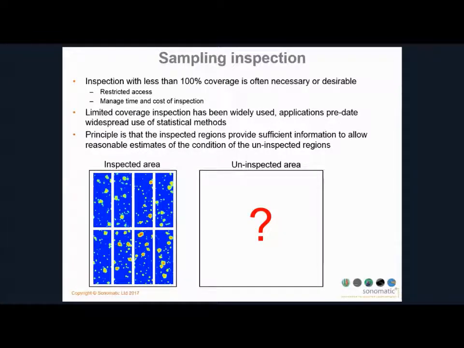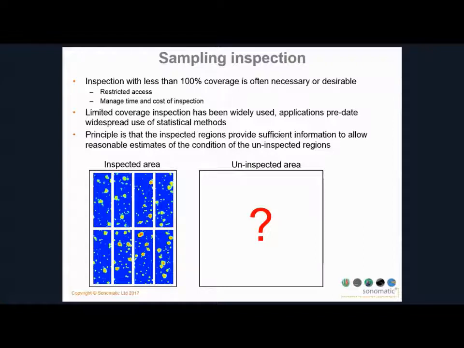And that's often the case, that you're not going to do an inspection with 100% coverage, and it's often not necessary or desirable. In some cases, you may have restricted access, so you simply can't achieve 100% coverage. In other cases, you may want to manage the time and the cost of the inspection, or there may be other drivers for doing less than 100% coverage.